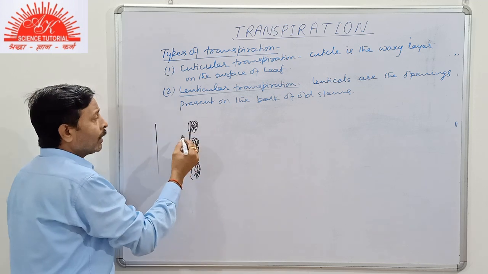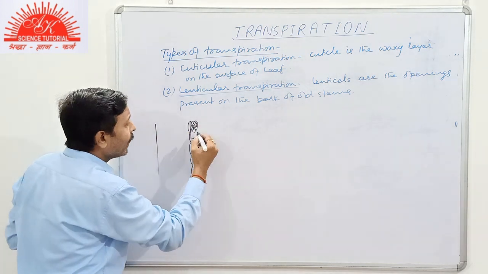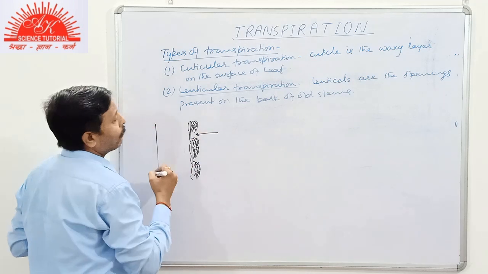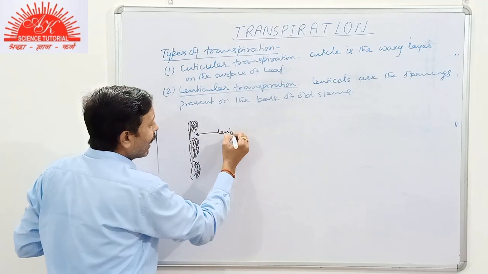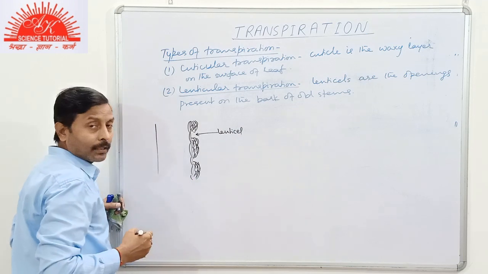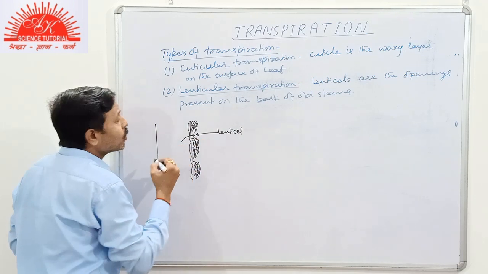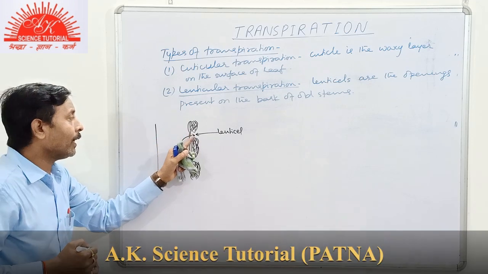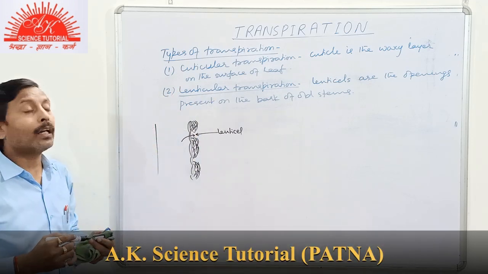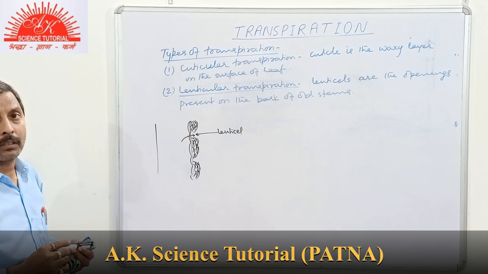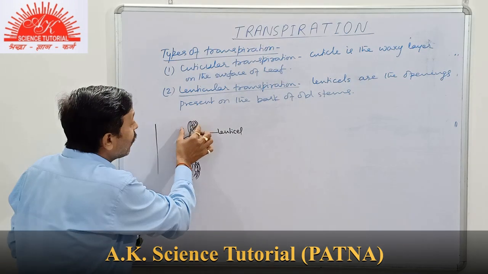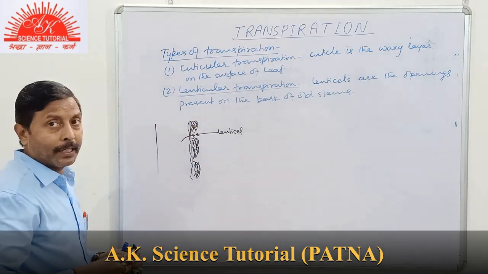In between this dead layer of cells, some cracks are developed, and these cracks are called lenticels. Water from the living cells exposed to these cracks evaporates, and that is called lenticular transpiration. So lenticels also help in transpiration.